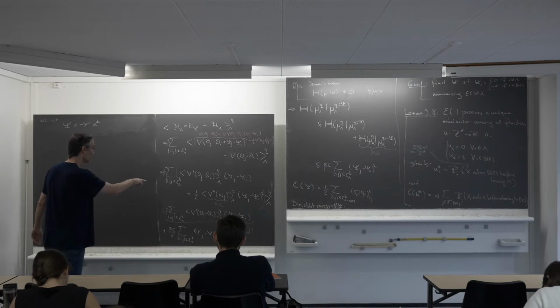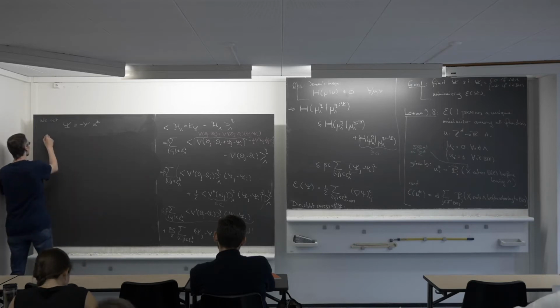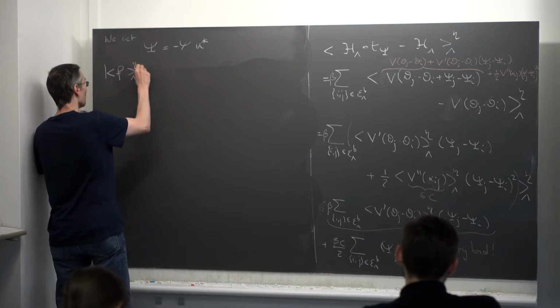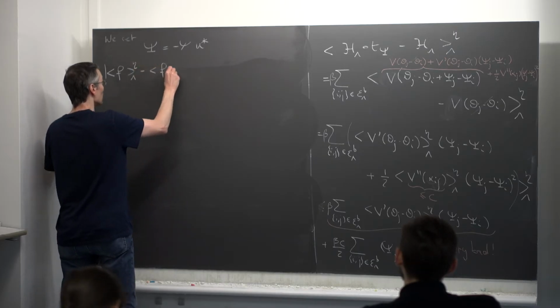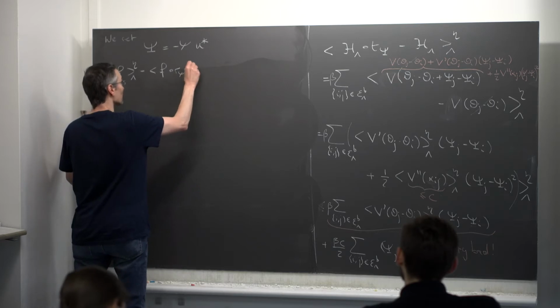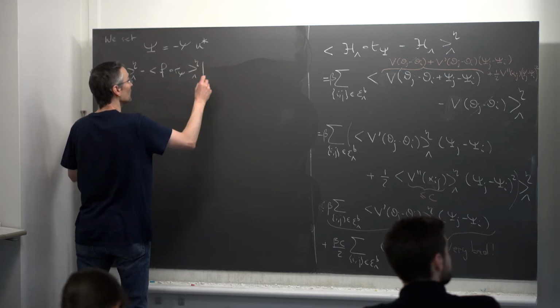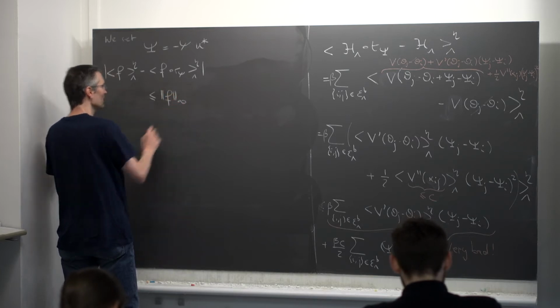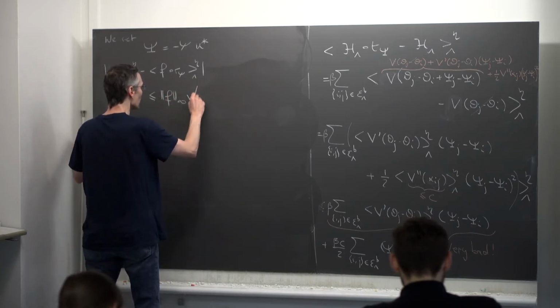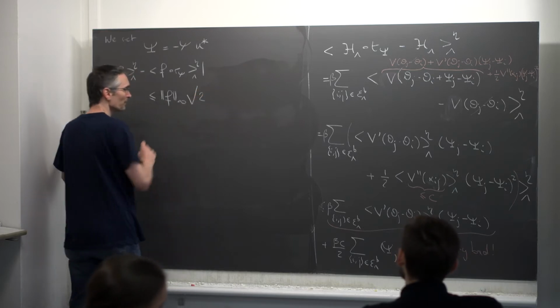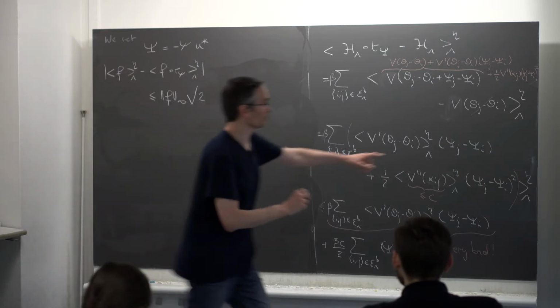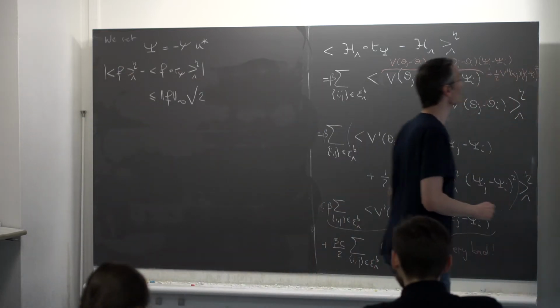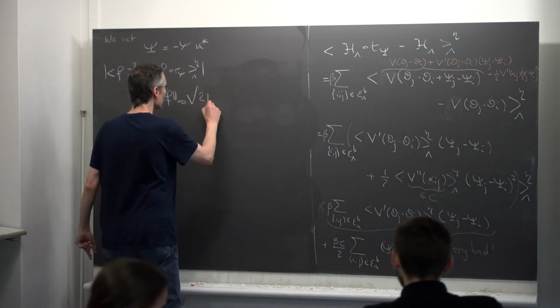And with this choice, I see that what I was looking for, the difference between the expectation of f in lambda and the expectation of f rotated by small psi in lambda, is smaller than, let me put it immediately so that I don't forget it, L2 norm, square root, there was a 2, then there was this beta c that appears.